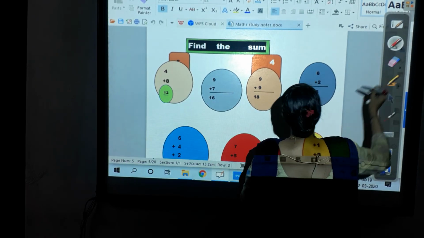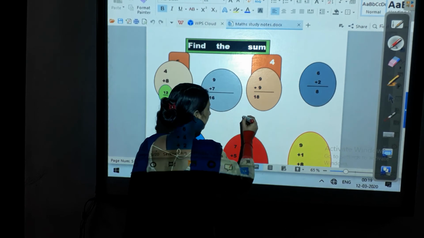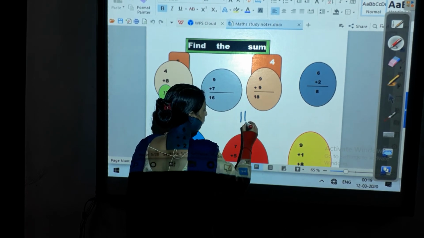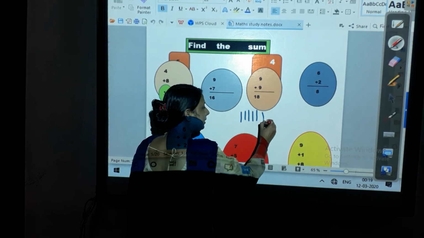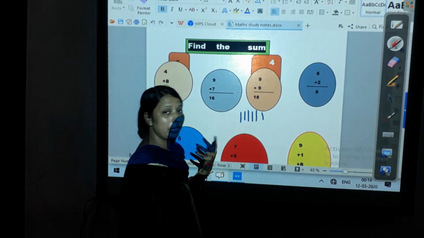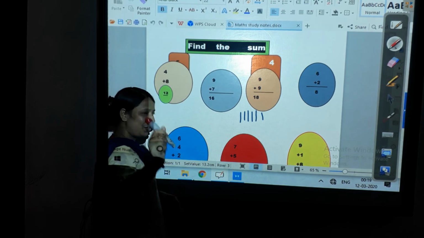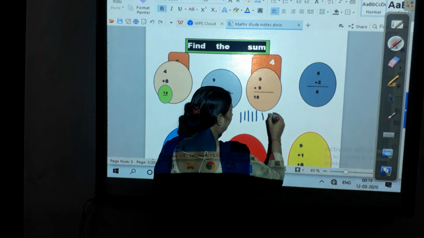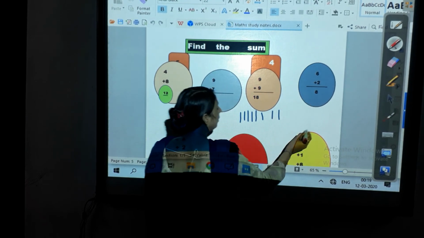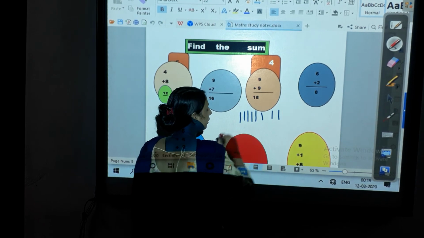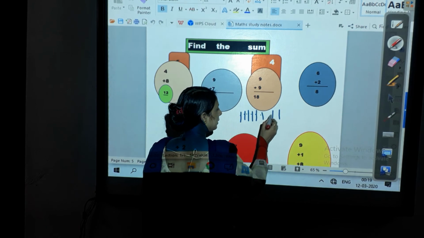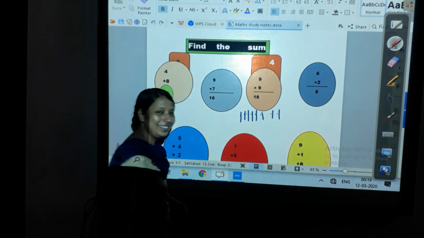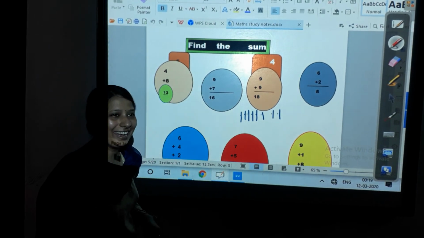Now 6 plus 2. 1, 2, 3, 4, 5, 6. Now what is the next addend? Yes, you are very much right. 2. 1, 2. Now we need to add it together. 1, 2, 3, 4, 5, 6, 7 and 8.